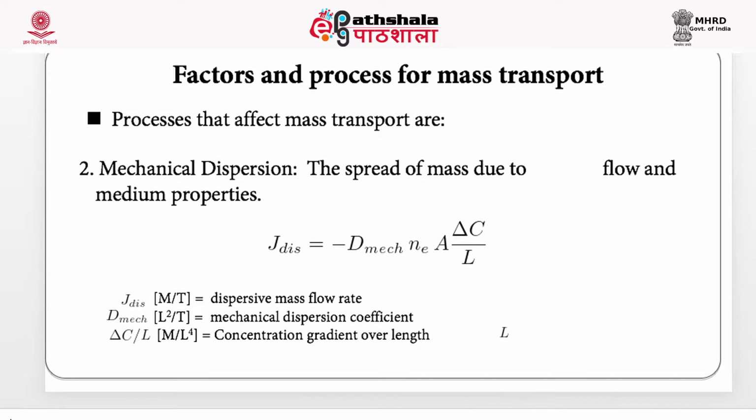Okay, the next process that is important in the mass transport is mechanical dispersion. Mechanical dispersion is also a physical process, but it also involves a chemical concentration gradient.